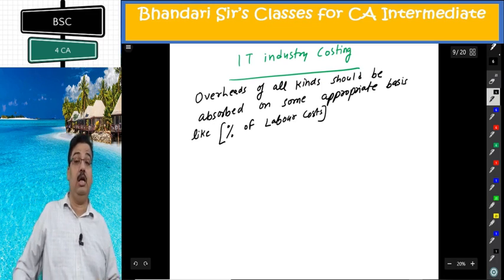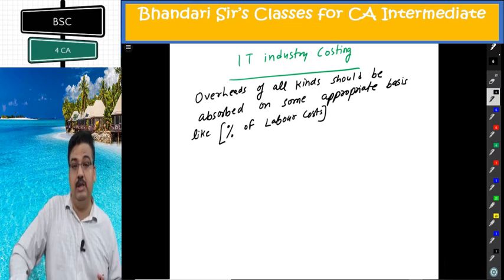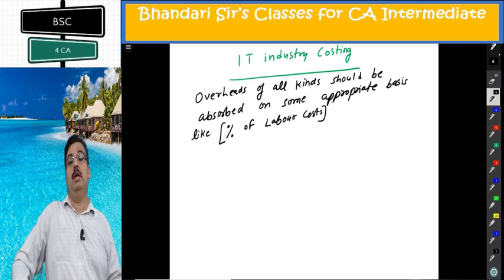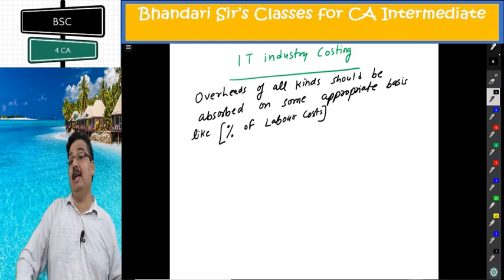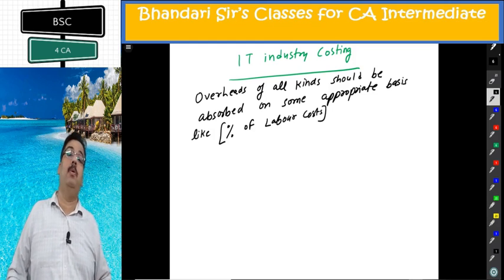Now, the labor cost, the employee cost in the software industry, is substantial. So that can be taken as a base to absorb overhead cost.